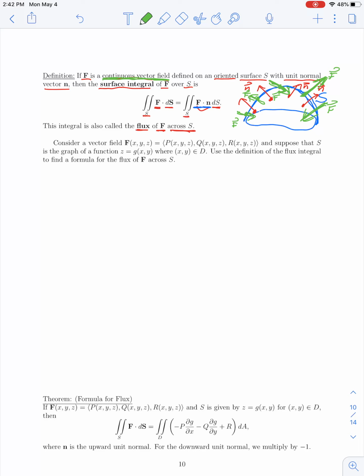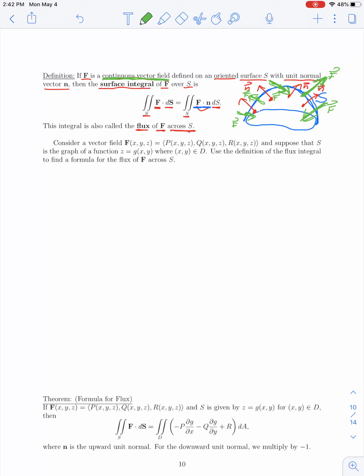So we're going to have some points where our fluid field is acting against the direction of our normal vector, and some where it's flowing in the direction of that normal. And that difference will be denoted by a sign change. If we're acting against the direction of our normal vector, then we would have a negative flux. If we're acting in the direction of the normal vector, then we would have a positive flux.